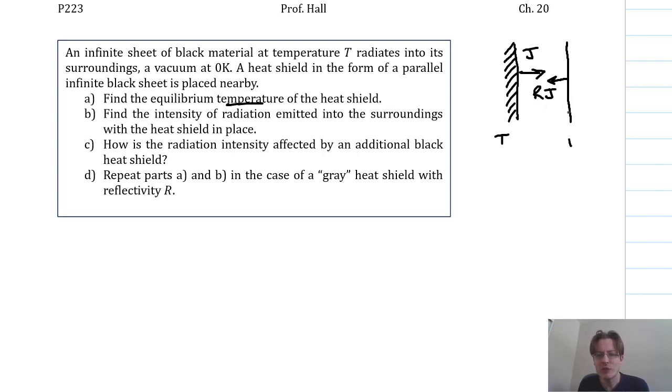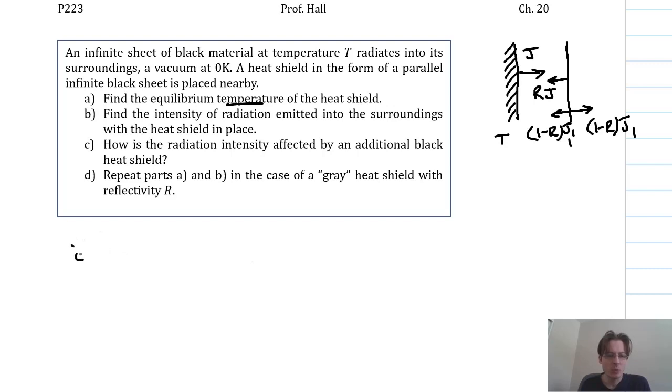That means the shield is now going to emit radiation. It emits at the rate not just J1, but 1 minus R times J1. J1 would be the black body energy flux. Now it's lower than that. The principle is the same. What's coming into the shield must balance whatever's coming out.